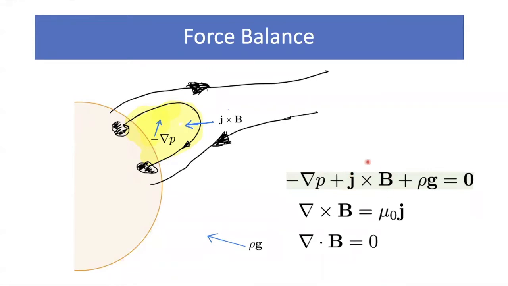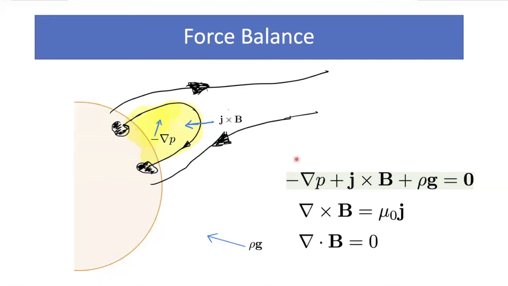Of course, if we do MHD, the prime force that we add to hydrodynamics is the Lorentz force, J cross B force, which always acts perpendicular to the magnetic field. I've made a little cartoon here, obviously hand-drawn, which sort of indicates the forces that we have there.